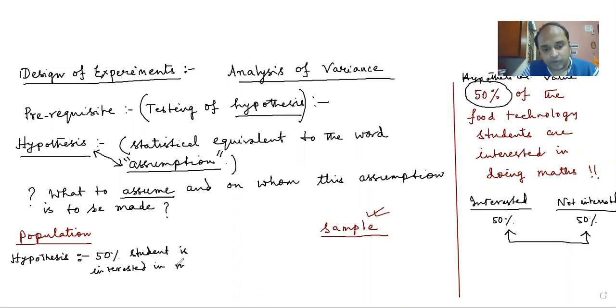I am not considering the hypothesis on the basis of the sample. The sample has not come into the picture yet. This positive hypothesis, which I have considered over here, is called the null hypothesis.